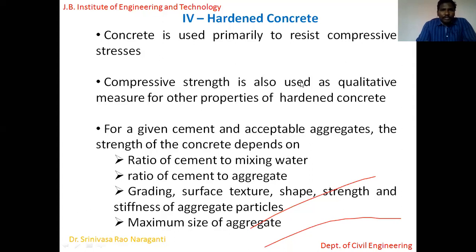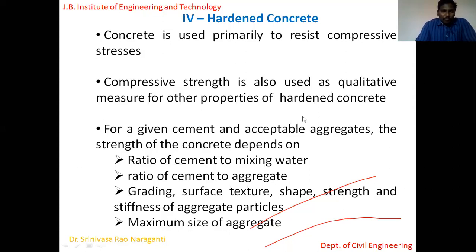One is the ratio of cement to mixing water, that is, the water cement ratio. How much ratio you are putting decides the strength of the concrete. And the other is the ratio of cement to aggregate, the proportion between cement and aggregate. So that is one thing.